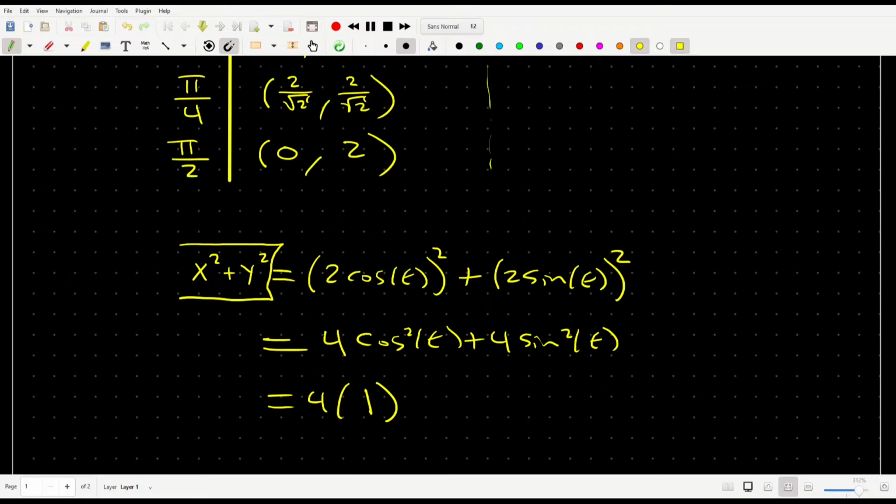So we've shown that for this parametric curve, x squared plus y squared is in fact equal to 4, which is the equation of a circle of radius 2.